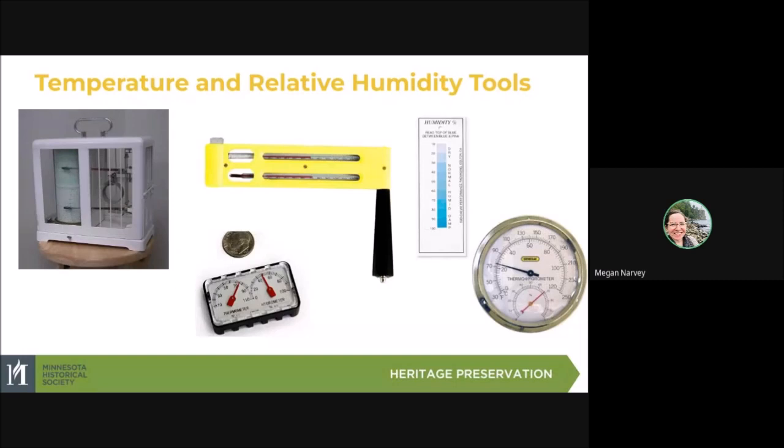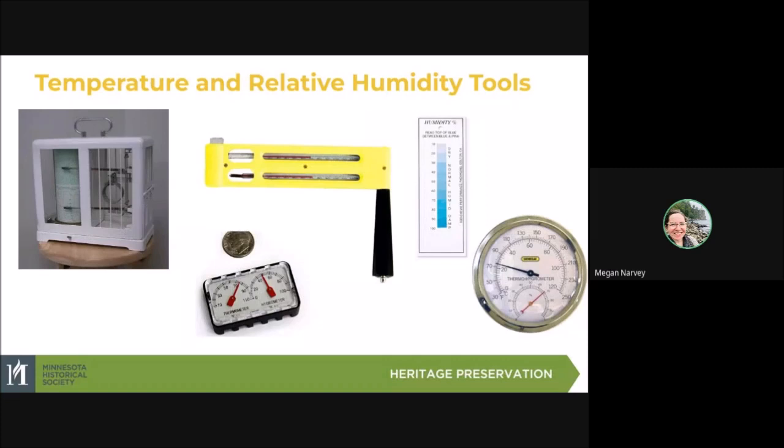What's nice about these tools is that many of them are highly accurate. The black and yellow one is called a sling hygrometer, or in the UK where I went to grad school, it was called the whirling hygrometer, which is very fun because you spin it around to check the relative humidity, and it is extremely accurate.